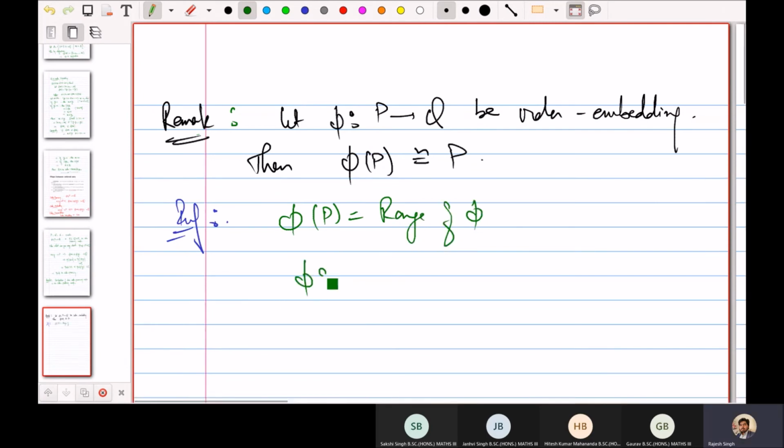Okay, so phi from P to phi P is order preserving, order embedding, क्योंकि पहले से ही order embedding है, ठीक है ना? And onto also.